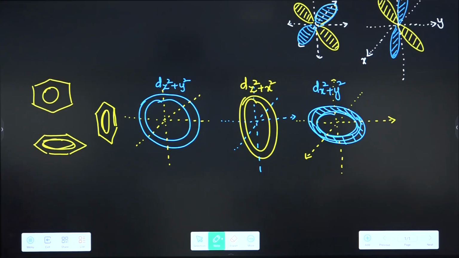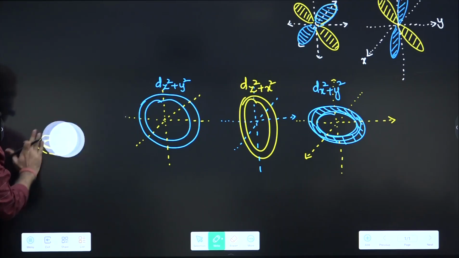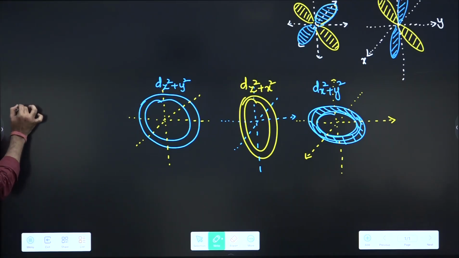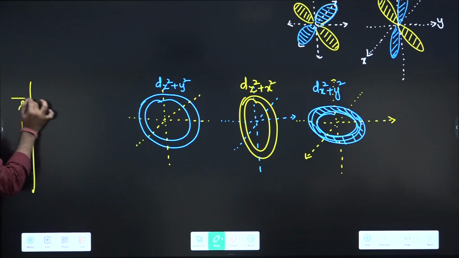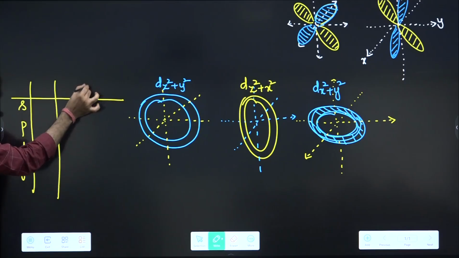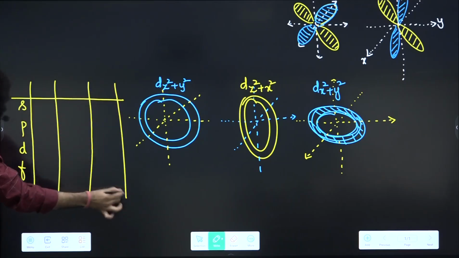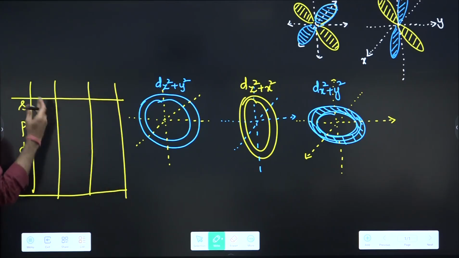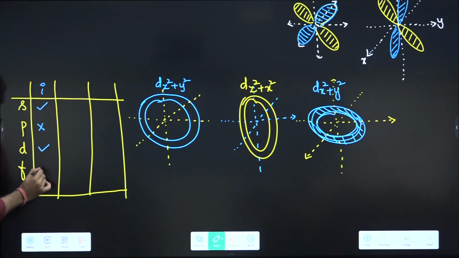I'm just concluding now. What are the various orbitals that we have, and the shapes anyway you are aware of. So I'm just taking s, p, d, and let me take f. Inversion: present, absent, present, absent.